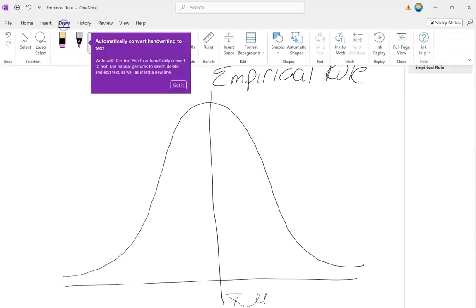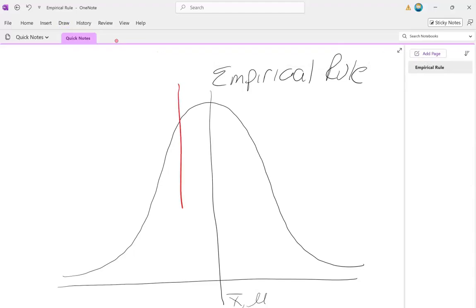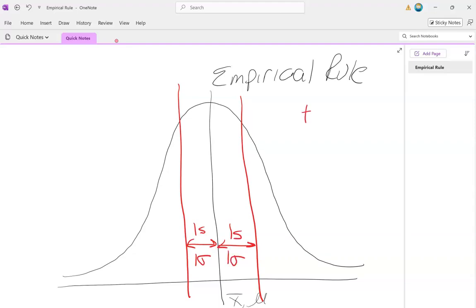So if I go, and let's choose a different color, if I go one standard deviation away from the mean, so if it was the sample, it'd be 1s. If it's the population, it's 1 sigma on either side. So plus or minus 1 standard deviation, that's going to contain 68% of all of the data points.